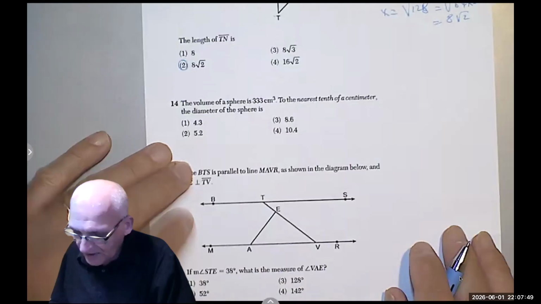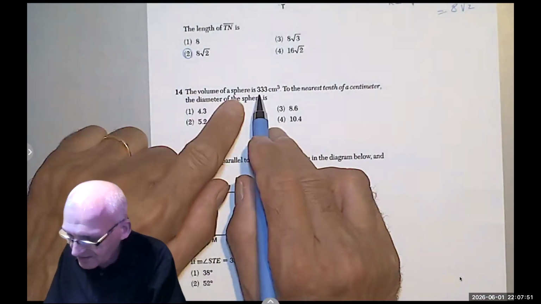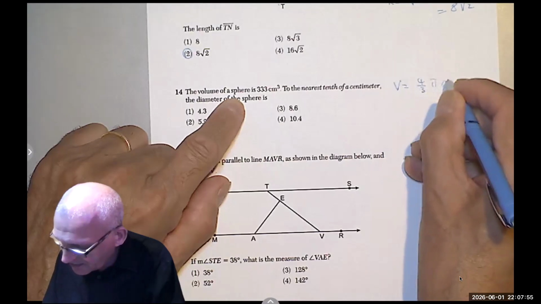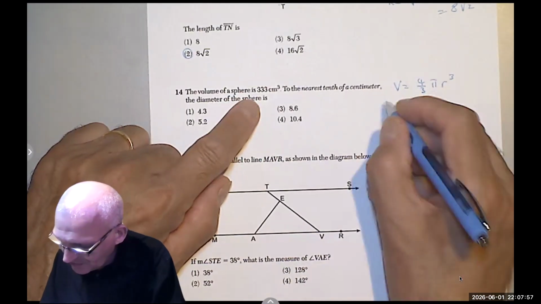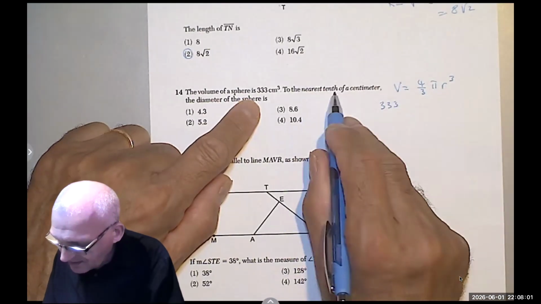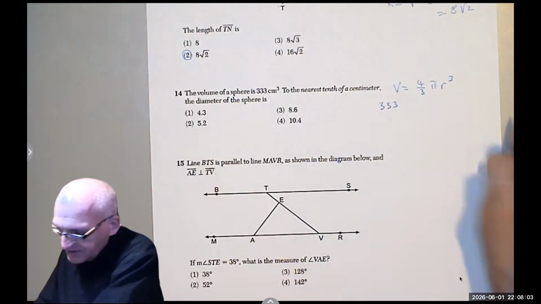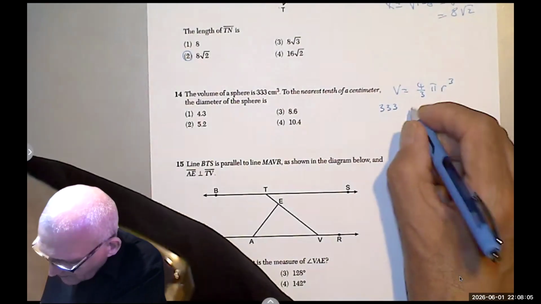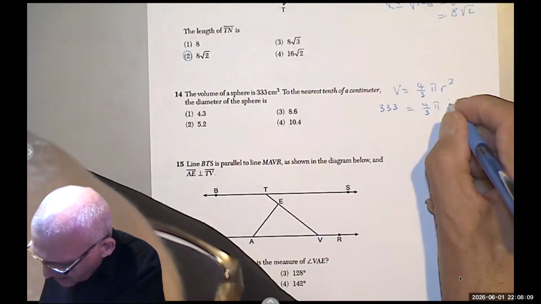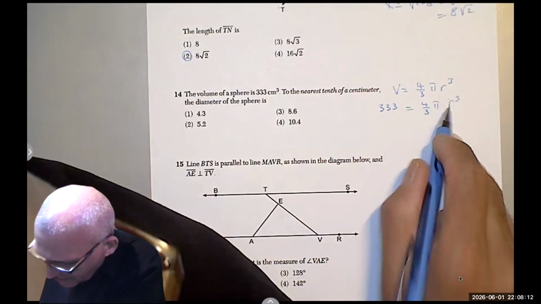Okay, next one. The volume of a sphere. I know the volume of a sphere is 4/3 pi r cubed. They tell you it's 333. So to the nearest tenth of a centimeter, the diameter is... 4/3 pi times r cubed.